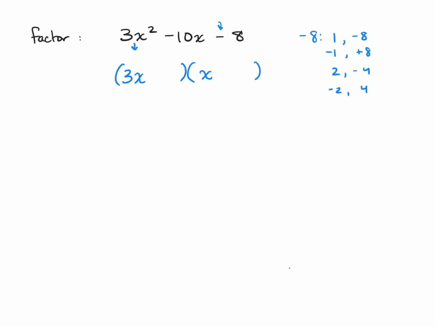Now at this point, like we did before, we had to double one of them because this number was a 2, but in this case we now have a 3, which means one of these terms must be tripled and then its partner added to it to make negative 10.